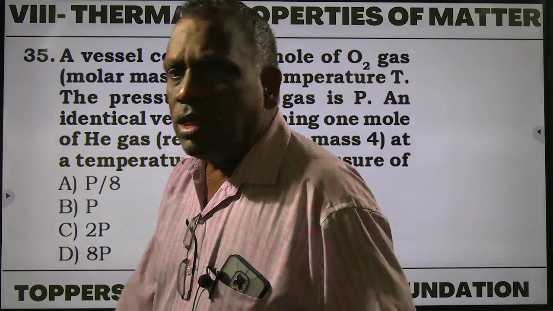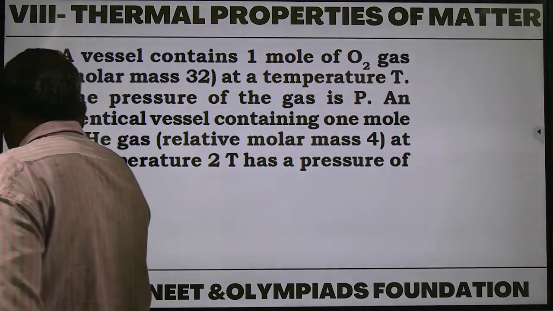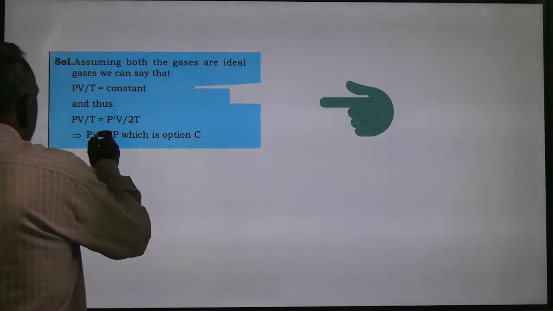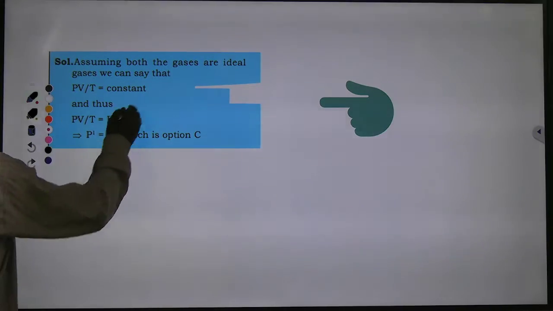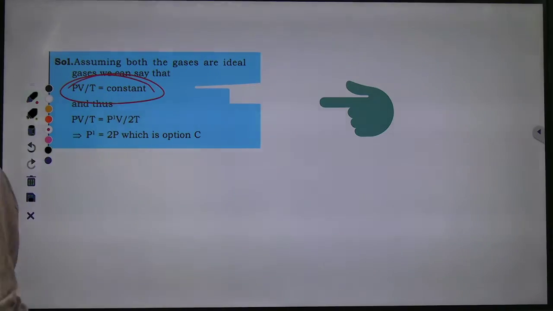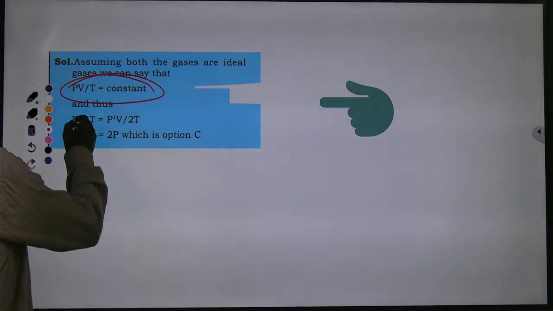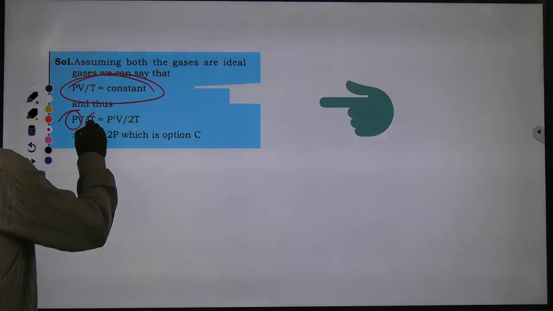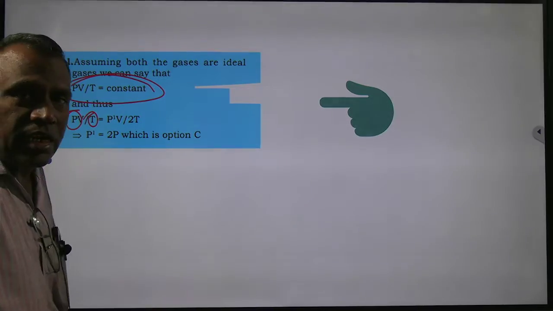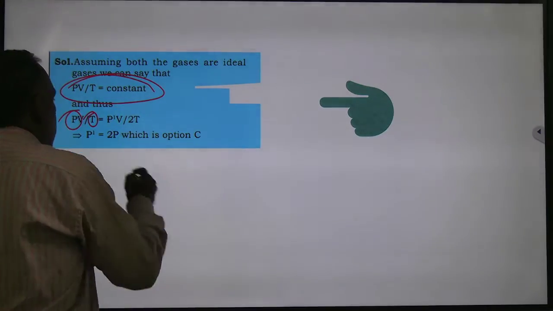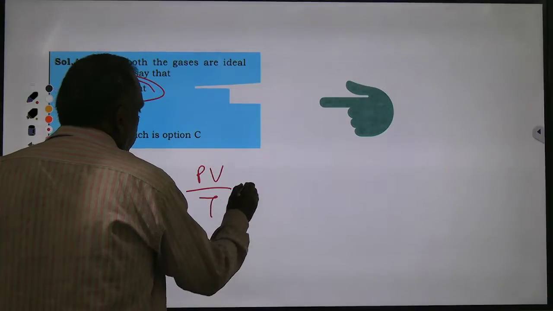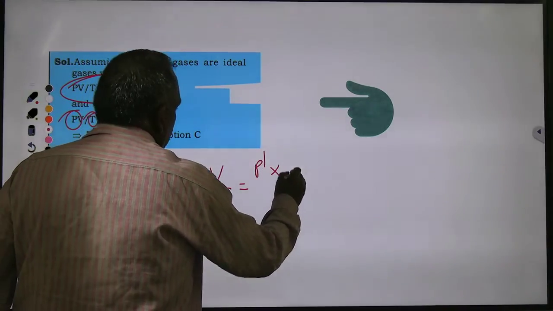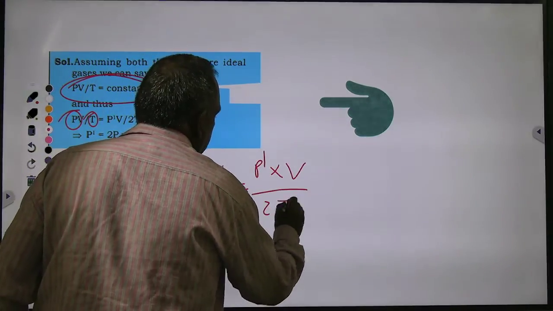So initially, the PV by T is constant. For the first case, that is PV only, the temperature is T. But in the second case, the pressure is P dash. So now PV upon T is equal to P dash into V upon the temperature, which is doubled, that is 2T.